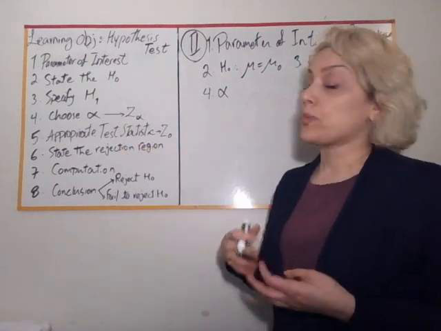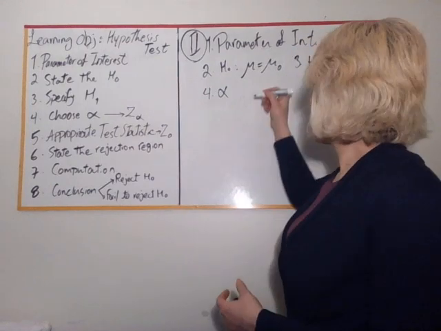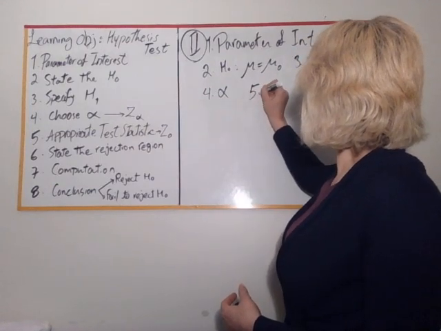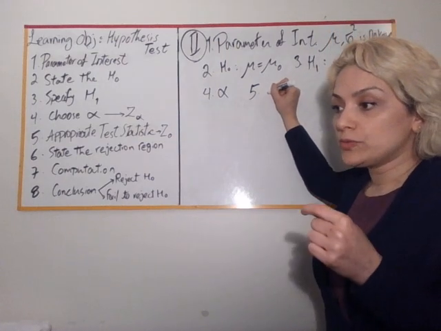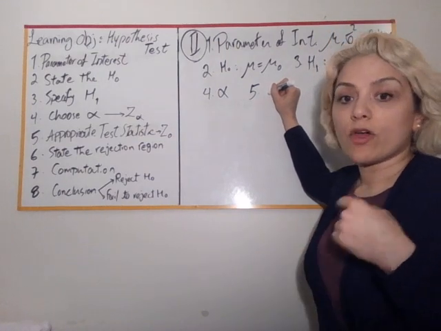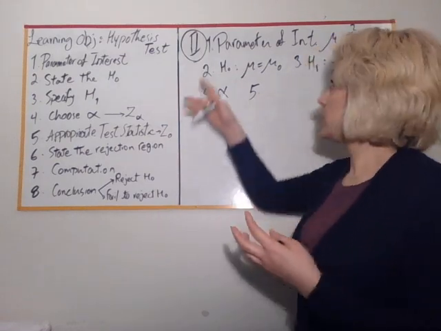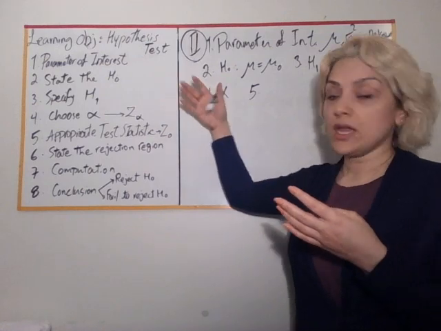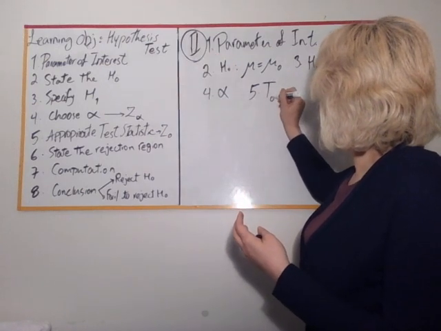Number 5 is the appropriate test statistic, and the test statistic here is different. For the test statistic, we are working with T. Instead of Z null that we had for the first category, for the second category we would say T null.